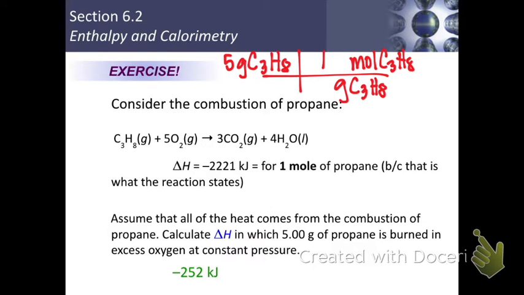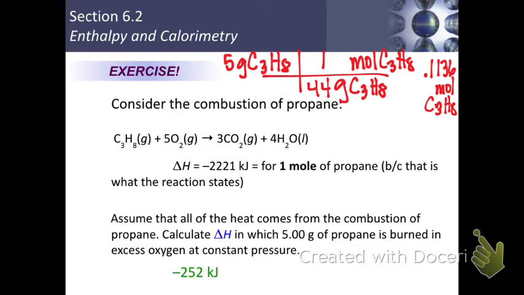Grab your calculator out if you don't have that out just yet. 44 grams per mole, so I'm going to take 5 divided by 44. I actually can't do that one in my head. Okay, that gives us 0.1136 moles of C3H8 that were used.